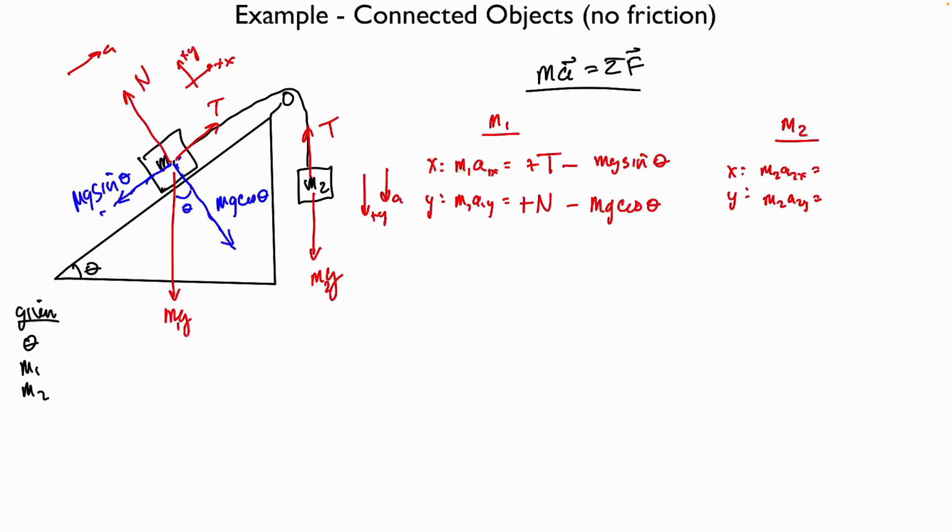Okay, for mass number 2 in the x direction, how many forces are there? 0. Which means that a2x, unsurprisingly, is also 0, right? Okay. And while we're here, is there another acceleration that is 0? By definition, because we chose it that way. Mass 1, the y component.